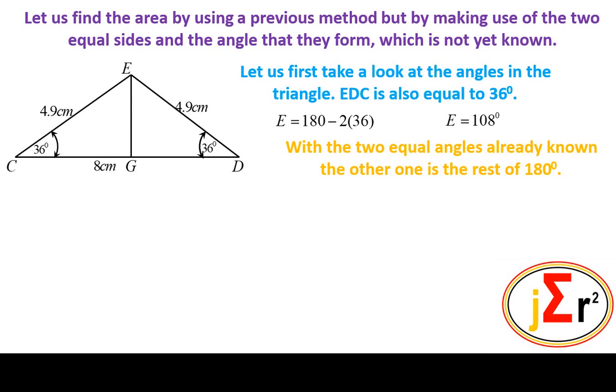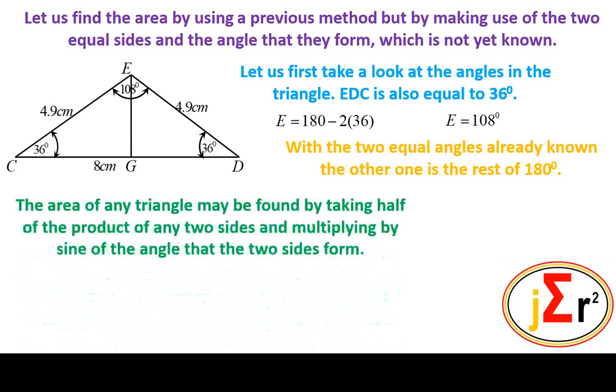All of the angles in a triangle have a sum of 180 degrees. We have these two to be 36 degrees. The remaining angle will be the rest when we subtract those two from 180 degrees. That angle is therefore 108 degrees.